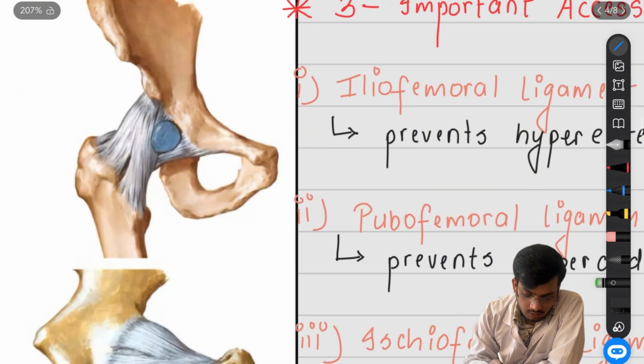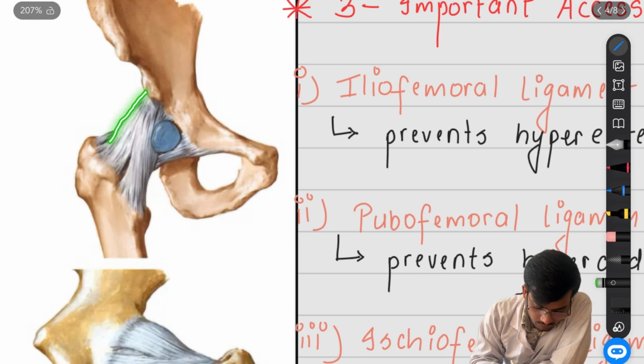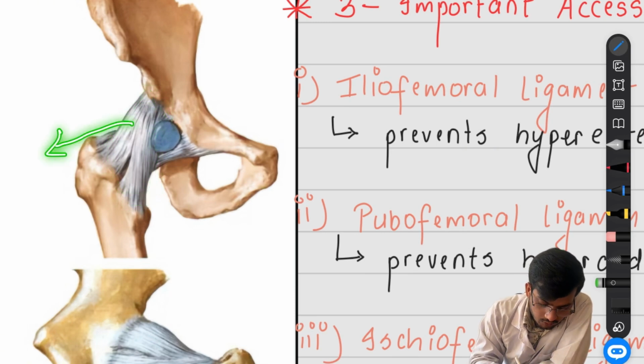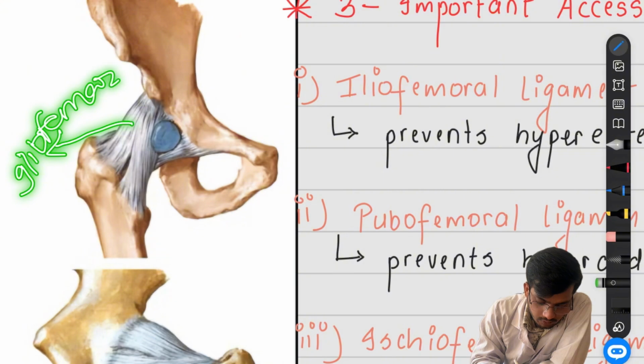You can see this one ligament, it is your iliofemoral ligament.